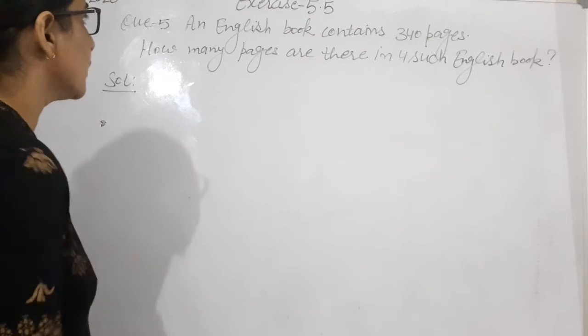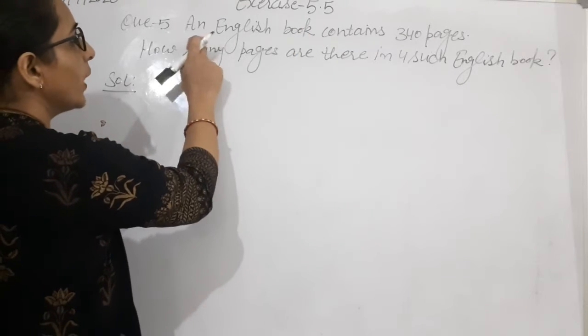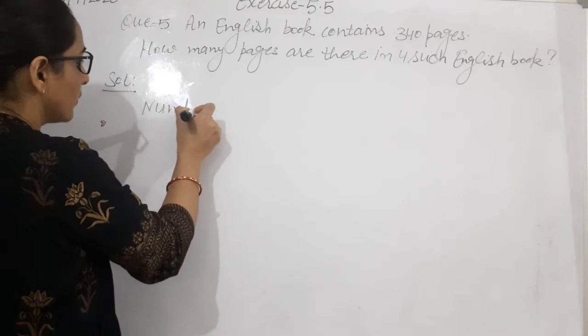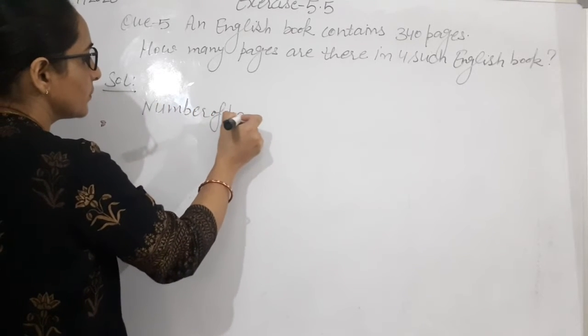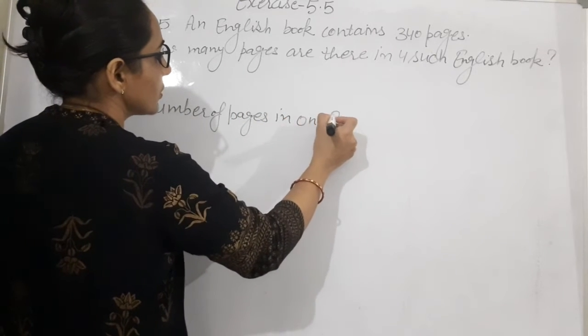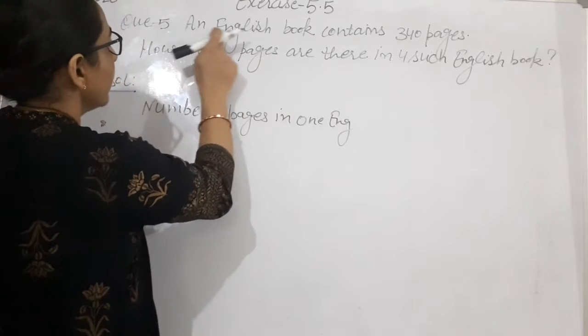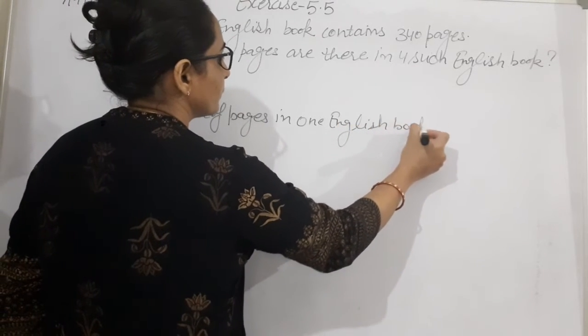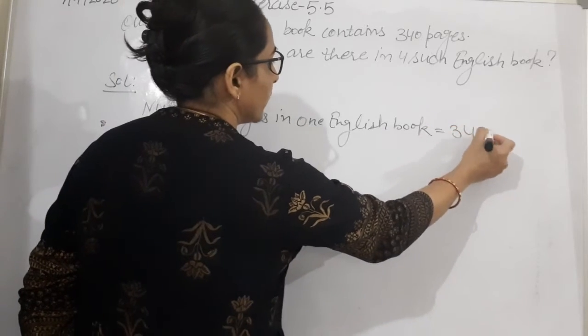First we write the number of pages in one English book. Here is given one English book. That is 340. Clear?